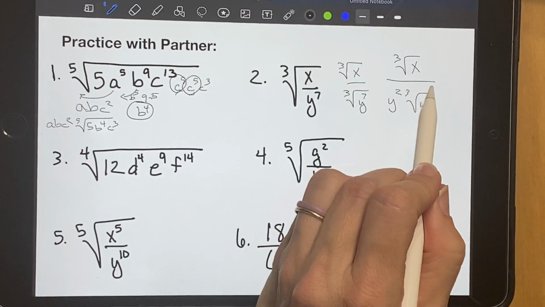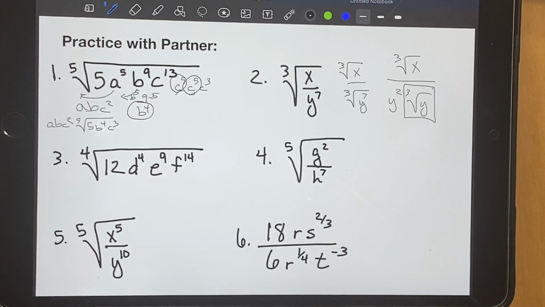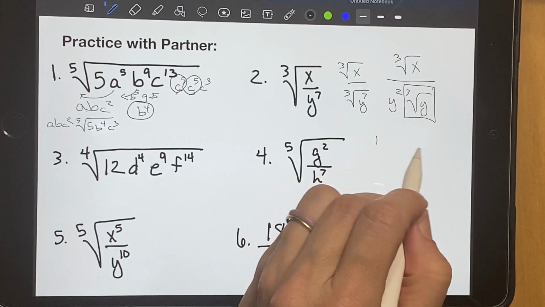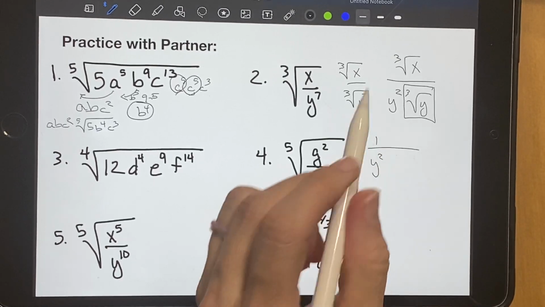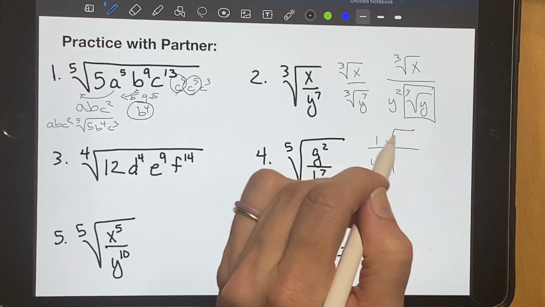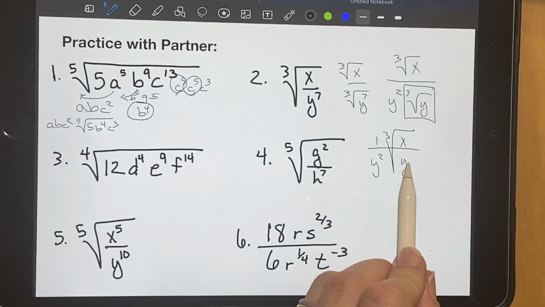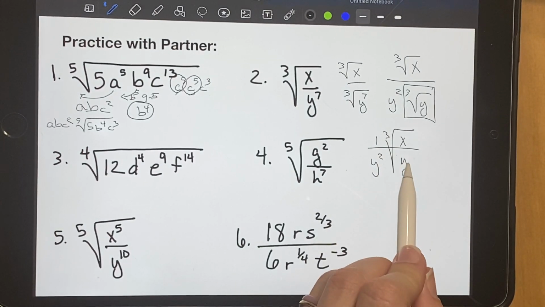Now, we know that we cannot leave a radical in the bottom. So I have y squared on the outside. And I'm going to combine these back together as the cube root of x over y. I need 3 to be able to get this y out.